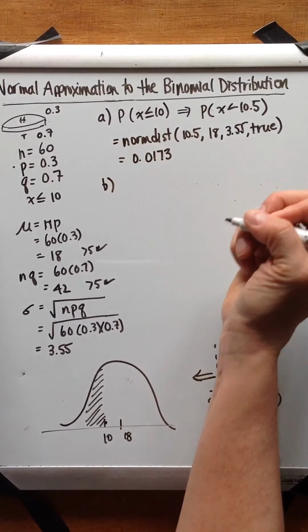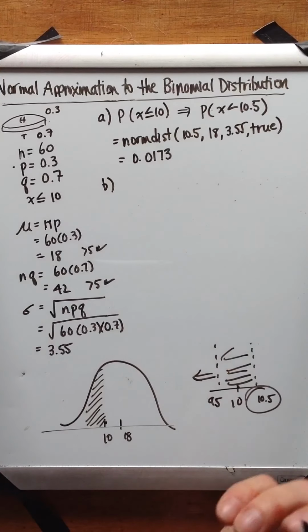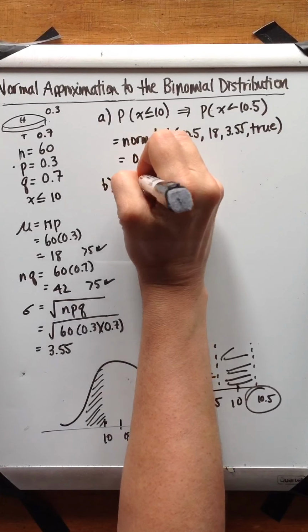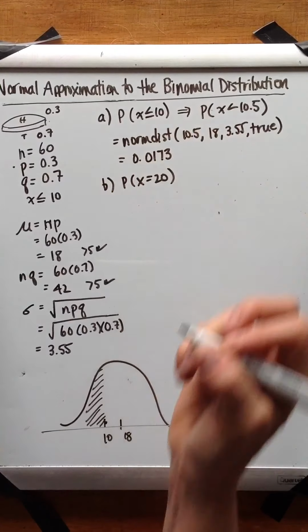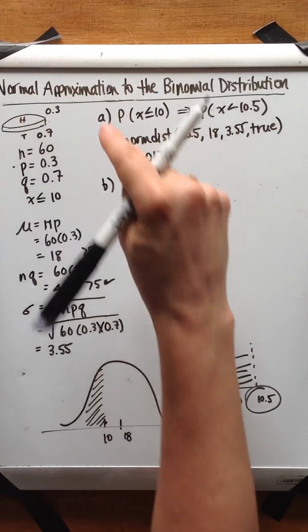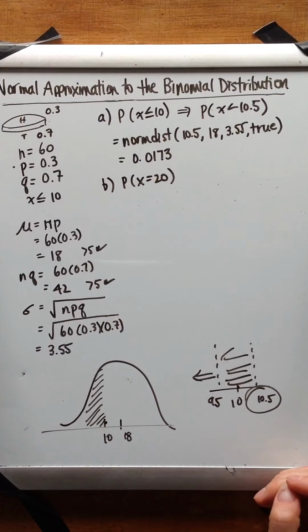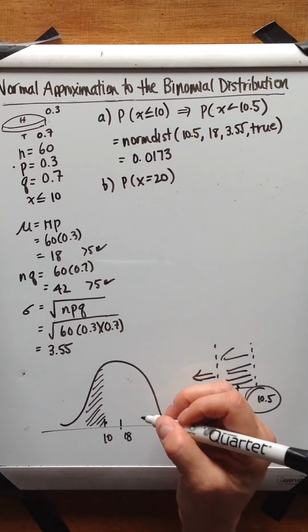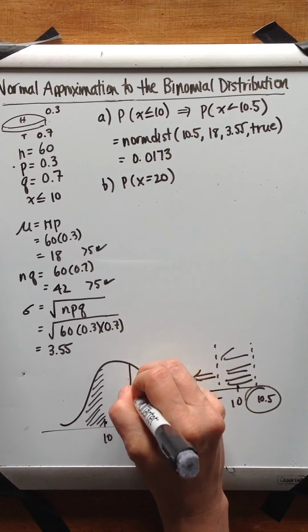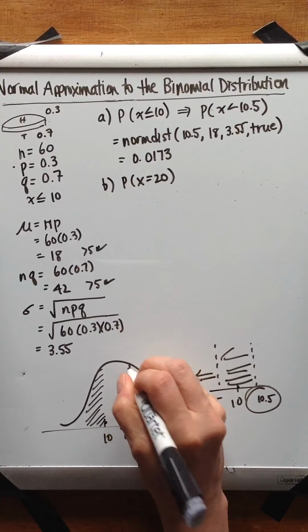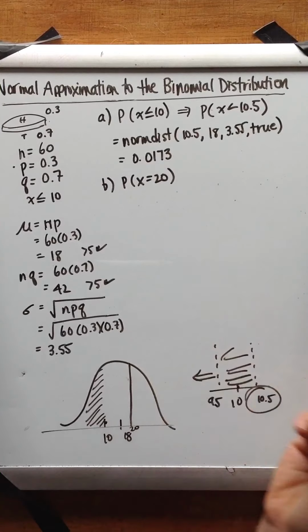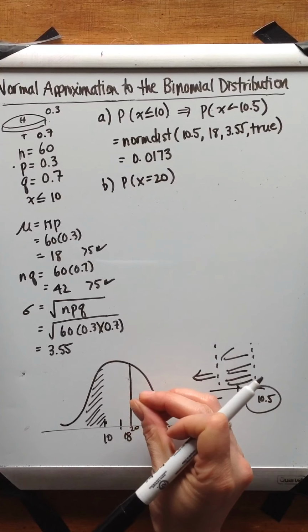Part 2 of this question says, what would be the probability of getting exactly 20 heads? Now we have to remember that the normal distribution is about finding areas under the curve. And if I have just a single line like this, I can't find the area of that. It has to have some width.